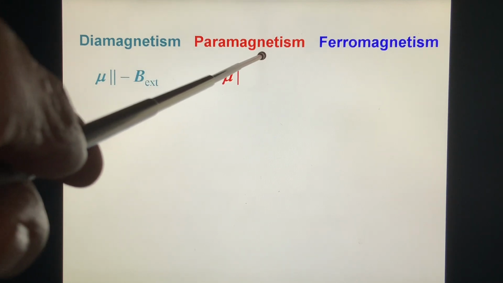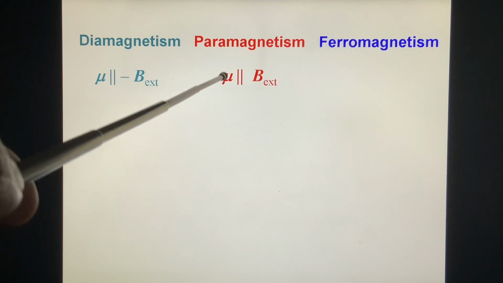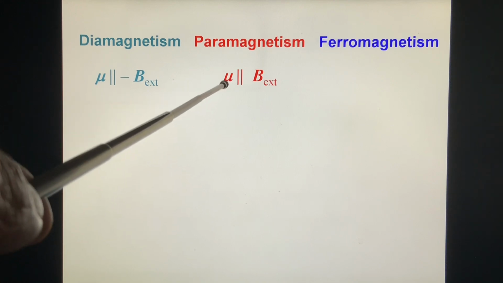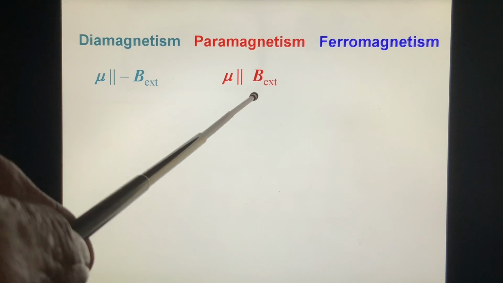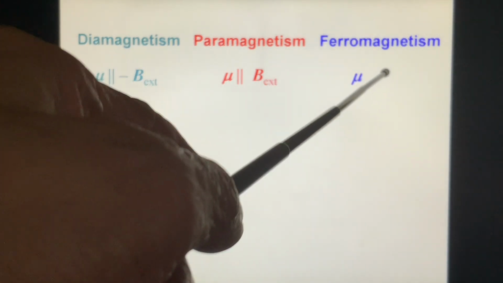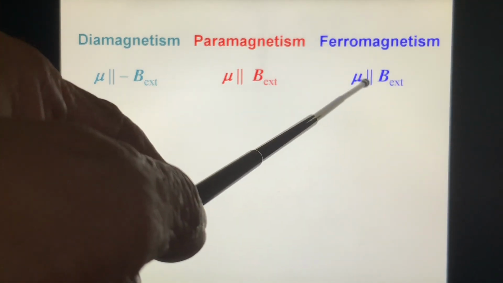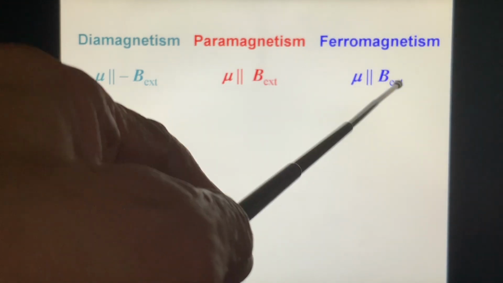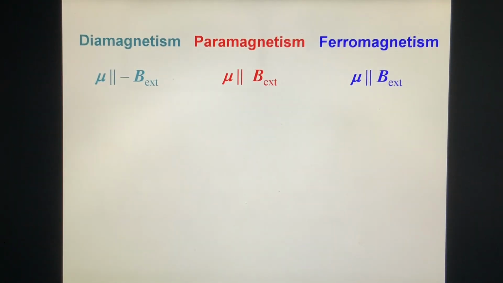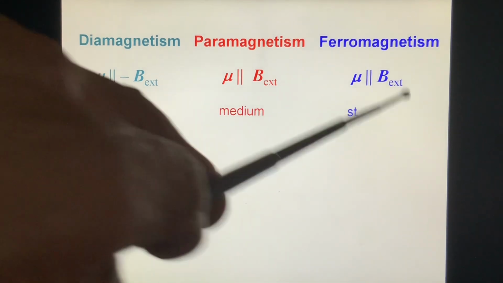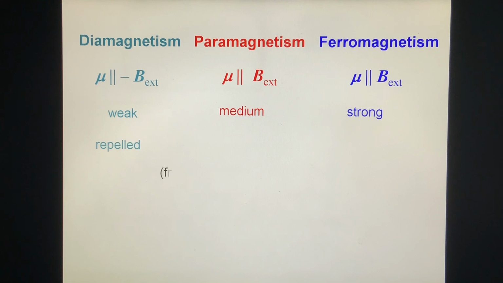For paramagnetism, the induced magnetic dipole moment is parallel to B in the same direction. For ferromagnetism, the induced magnetic dipole moment is also parallel to B and in the same direction. They are the same. And this one is very weak, this is medium, and this is strong.